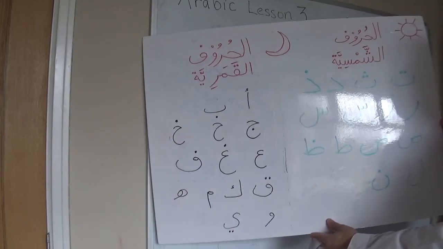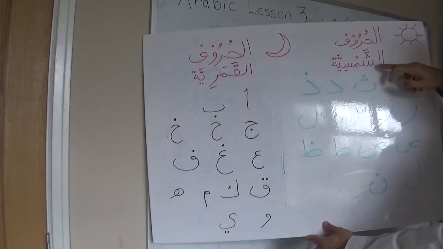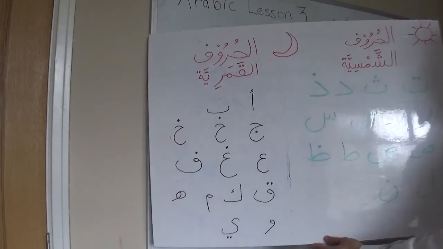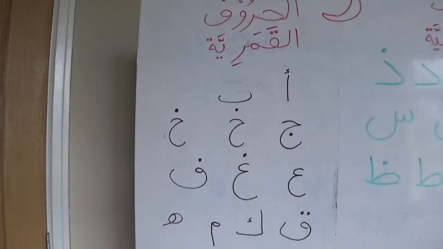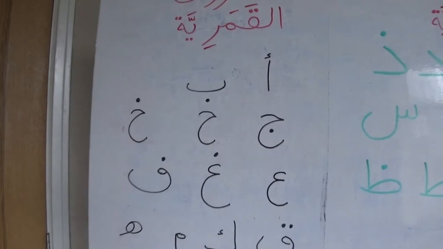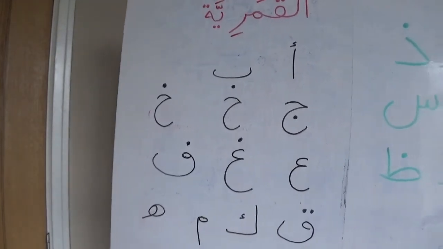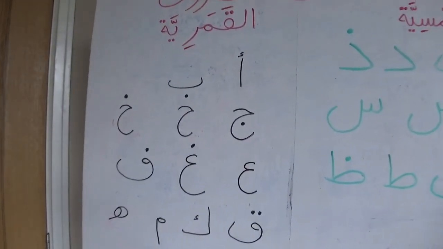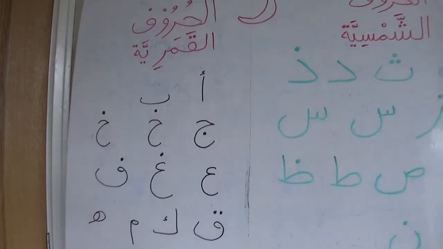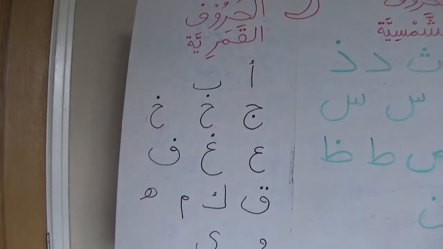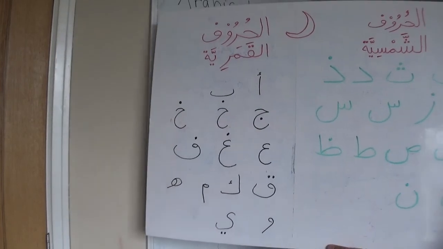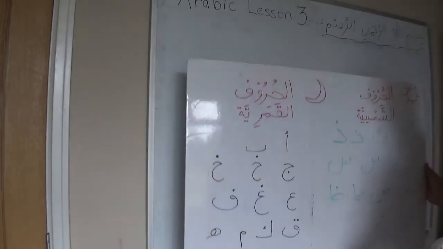Harf is a letter. Al-huruf al-shamsiyya and al-huruf al-qamariyya. I'll try to bring it closer, and I'll try and see if I can get everything in. But at the place where you can see all of them perfectly, just pause the video and write them down. So I'll leave this here for now.